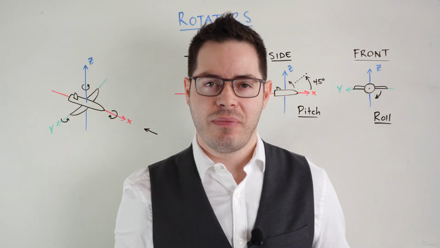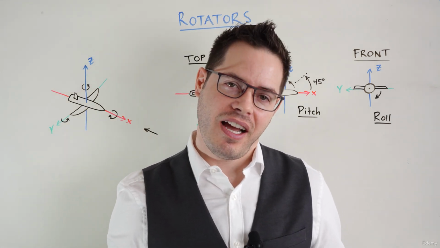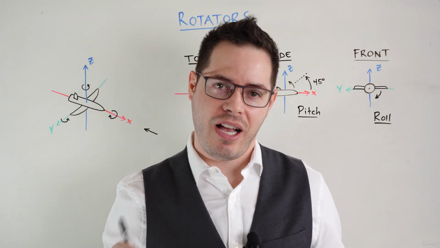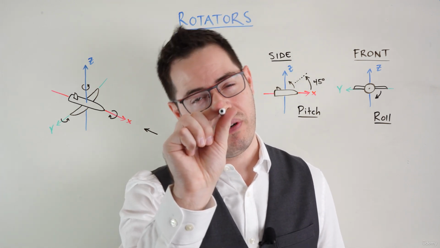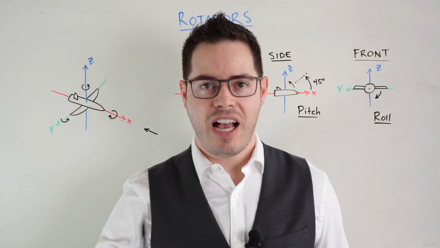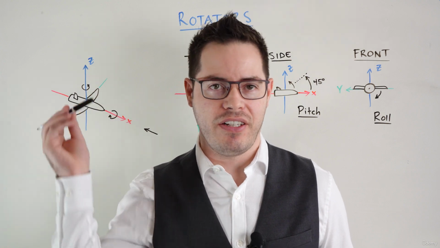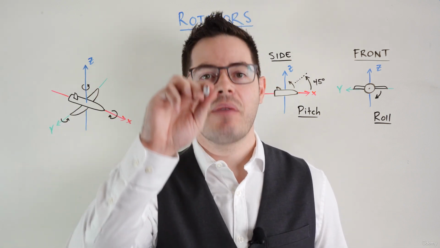So if I look at you and I'm twisting my head this way, like I don't quite understand what you're saying, I'm changing my head's roll. I'm rotating about my own forward vector, my own x-axis. And if I nod my head yes, I'm rotating about my own right vector, my y vector, right? So I'm changing my pitch.